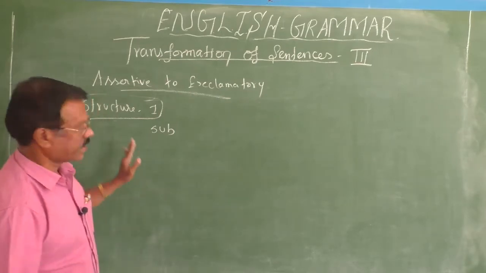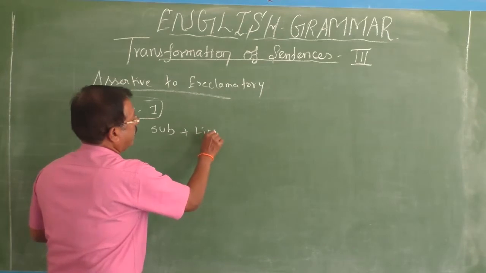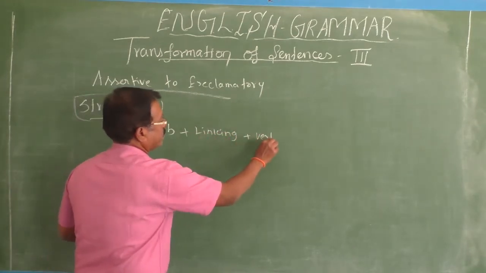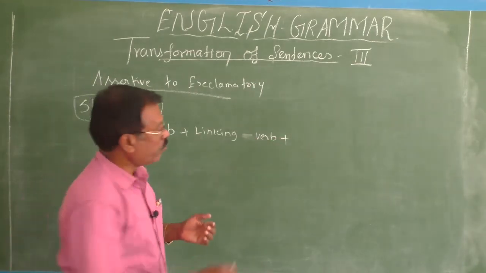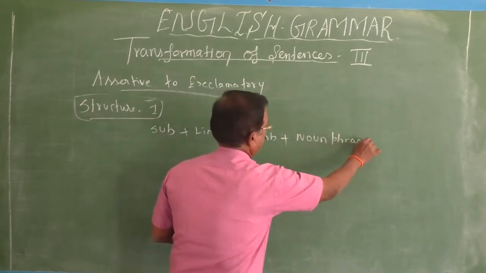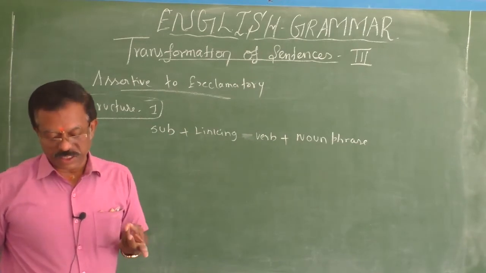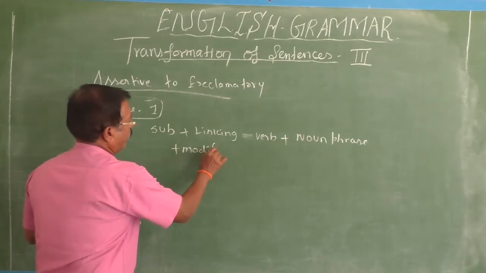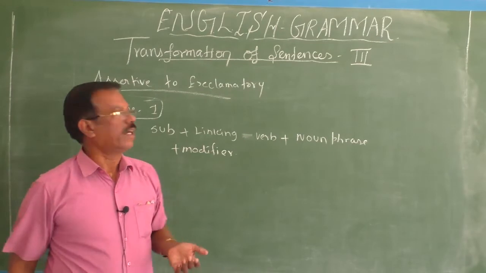So what's the first structure? Subject plus linking verb, then noun phrase. In the noun phrase, what are all the things you may have? Subject complement plus modifiers. Modifier is optional. You may have or you may not have.